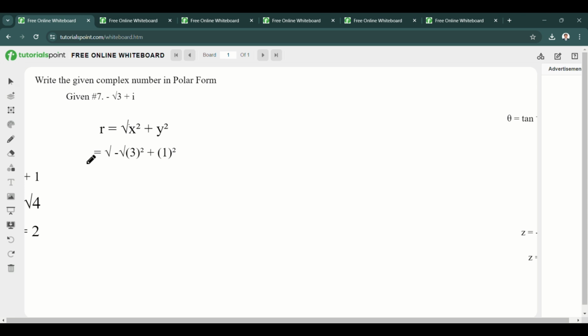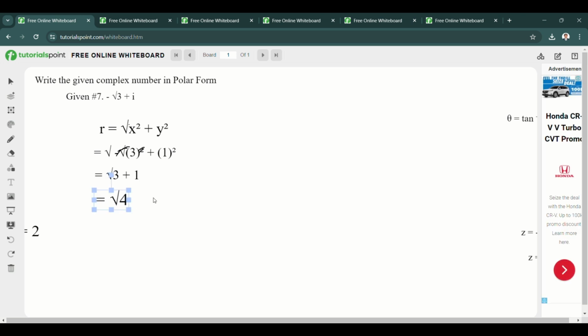So the next step will be the square root of 3 plus 1, because the square root is cancelled along with the sign. So the square root of 3 plus 1 is equal to the square root of 4. So our value for r is now 2. So we have now the value of r.